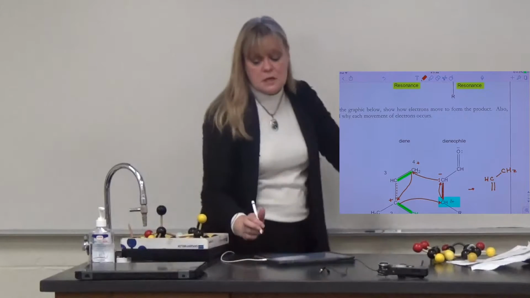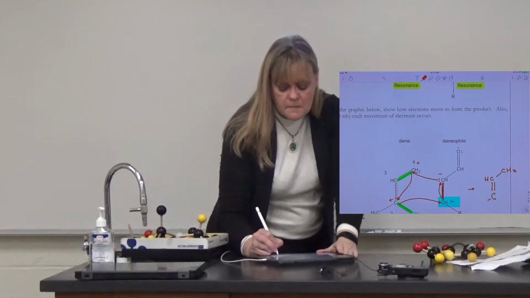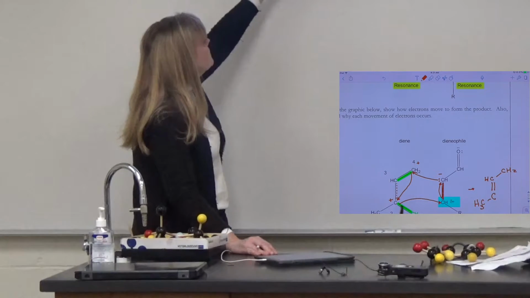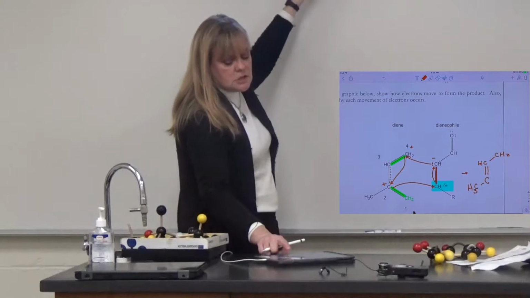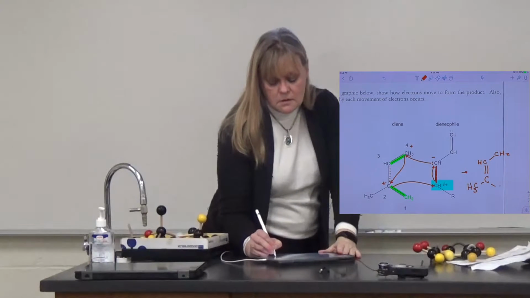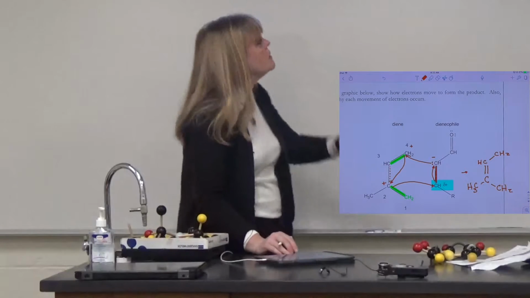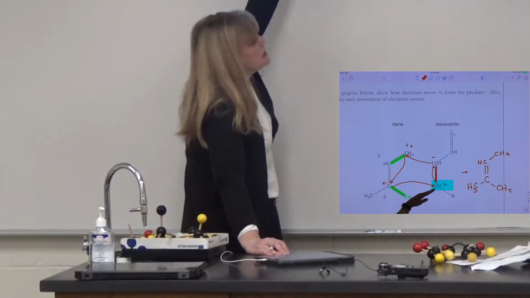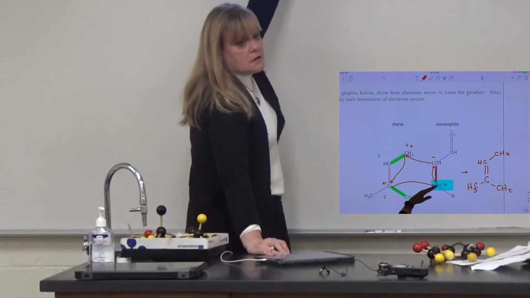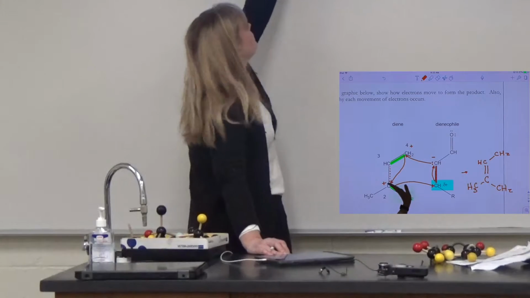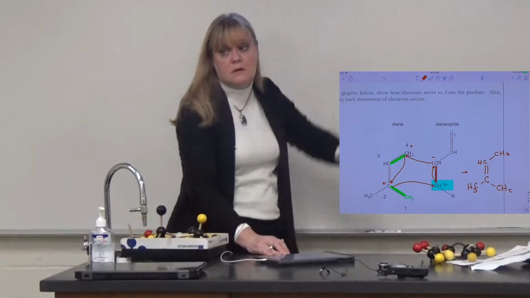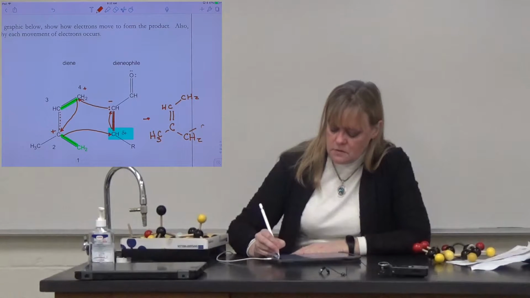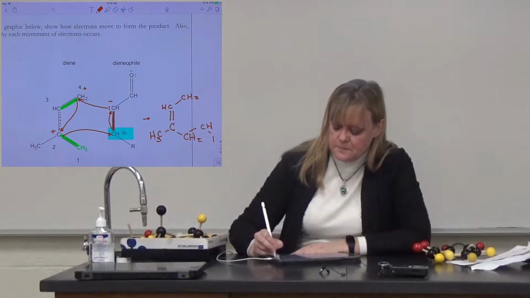You've got the carbon with a CH3 group off of it, comes down to the CH2. I've opened up the double bond to form a new bond of the CH. That's going to be the bond right here. This bond flopped over and now it's here. And I will color code this for you too.